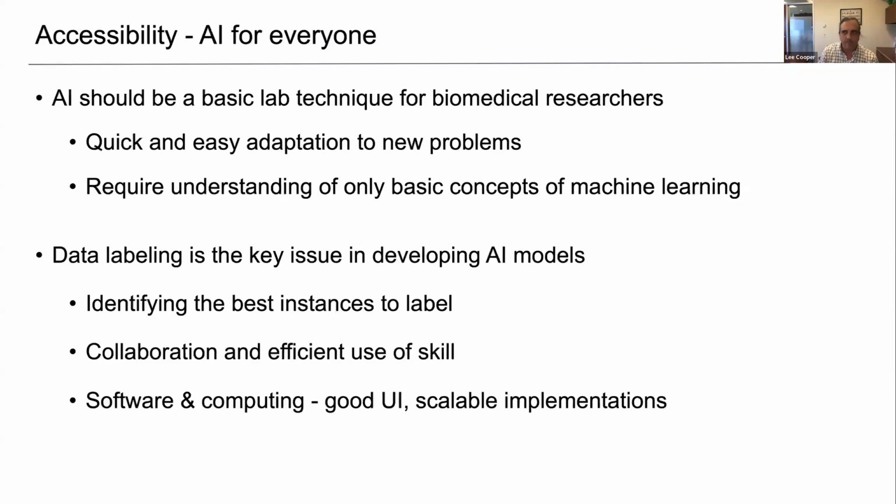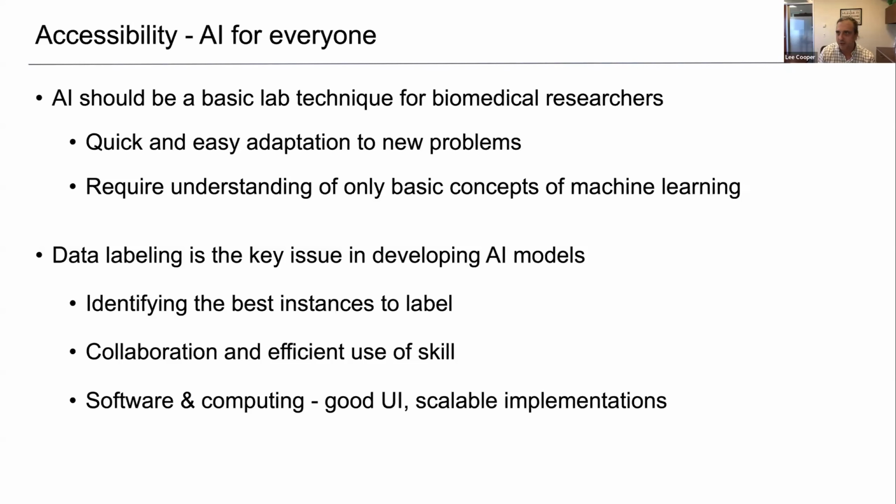The theme of my talk today is going to be data labeling, which I think is really the key issue in making AI accessible for everybody. For me, this is really an interest out of self-preservation. I'm always surrounded by biomedical researchers who want to apply the techniques that we develop in their work, and we want to move away from a future where my involvement is necessary to make that happen.